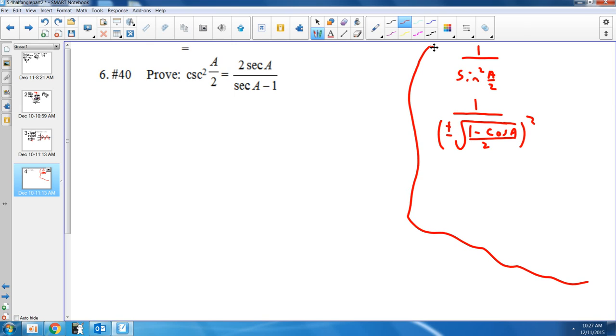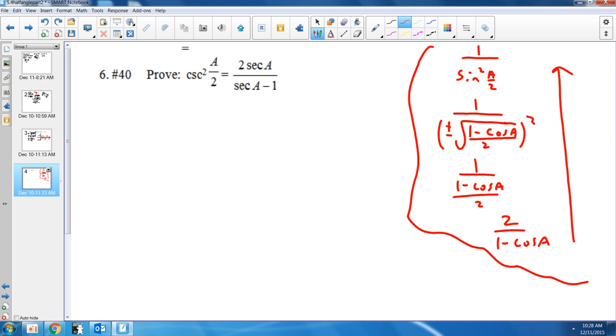And I can expand that to 1 over 1 minus cosine A over 2. I can multiply by 2 over 2 here and end up with 2 over 1 minus cosine A. This is a lot easier to see than this part right here. So I really can work with the right side now, and if I can get 2 over 1 minus cosine A, I can reverse the process to getting my proof on the other side.